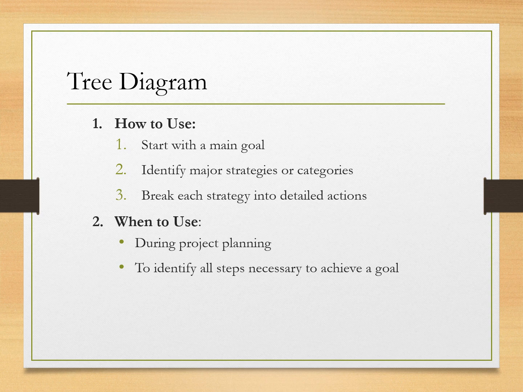So under finding a location, we can break it down further: research neighborhoods, evaluate foot traffic, negotiate lease terms, and so on. So we can see with this tool, we can make each level more specific. And that's the beauty of a tree diagram. It takes something big and intimidating and makes it manageable.